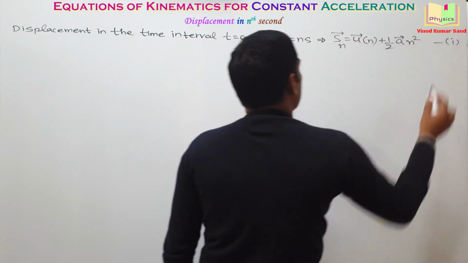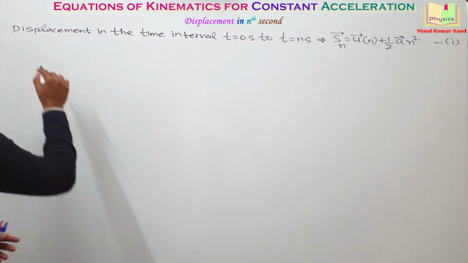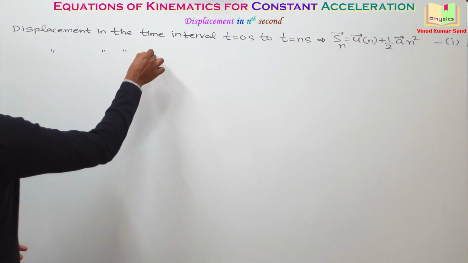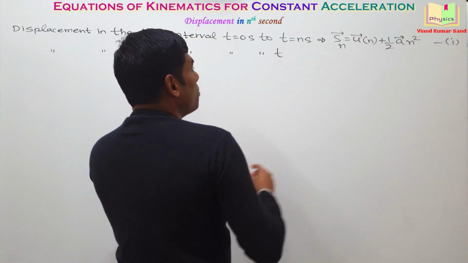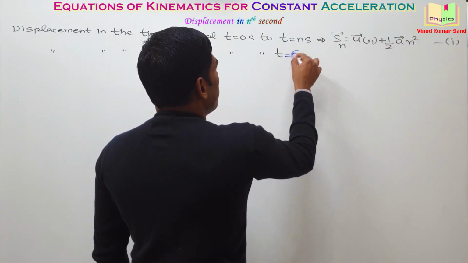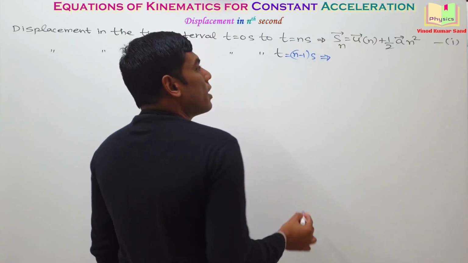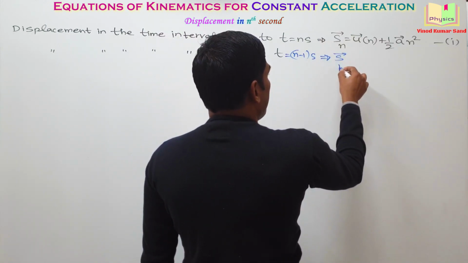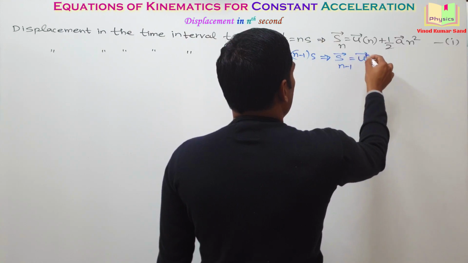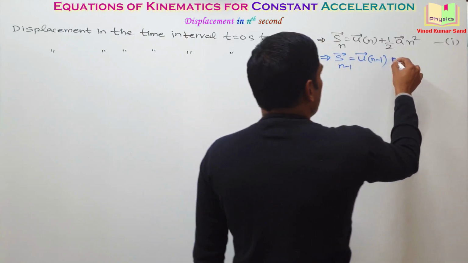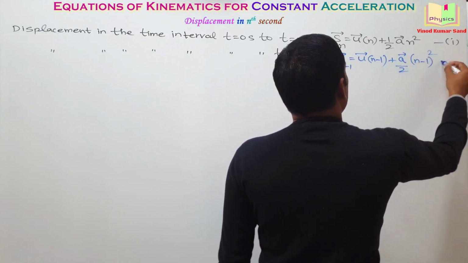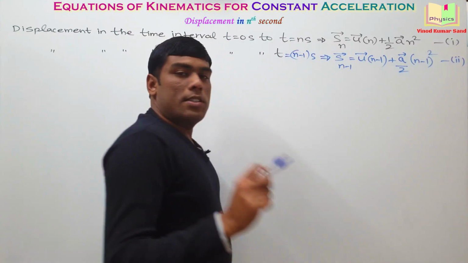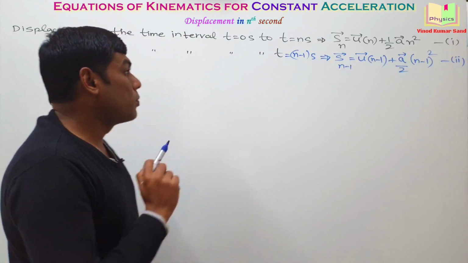Let's call it equation number 1. Then we'll be obtaining the displacement in the time interval t is equal to 0 second to t is equal to n minus 1 second. This we will indicate as Sn minus 1 is equal to u into n minus 1 plus a by 2 into n minus 1 whole square. Let's call it equation number 2.